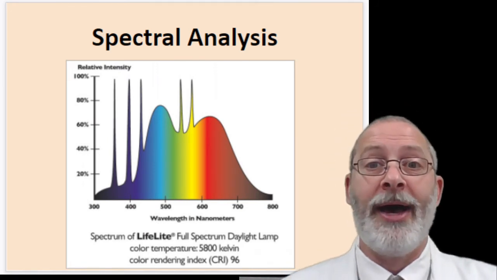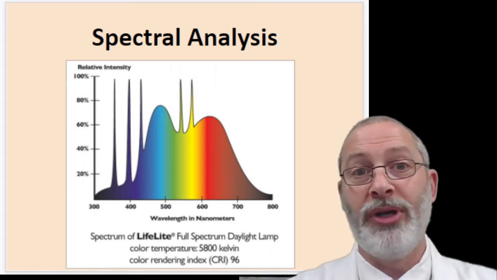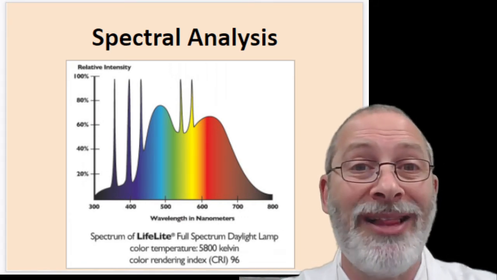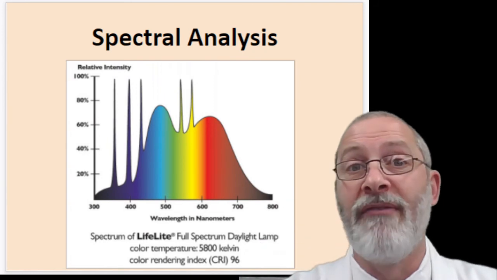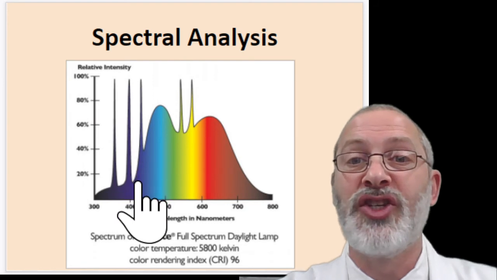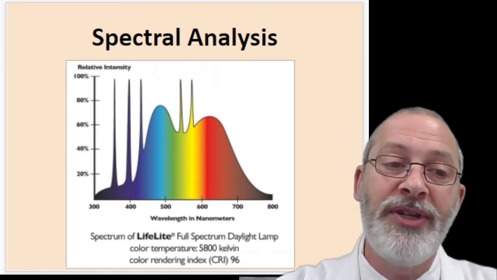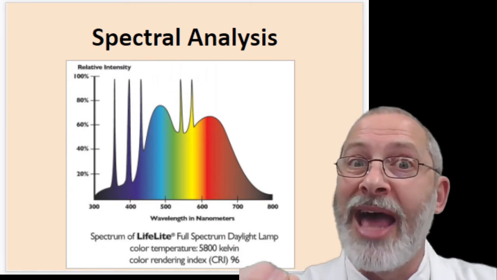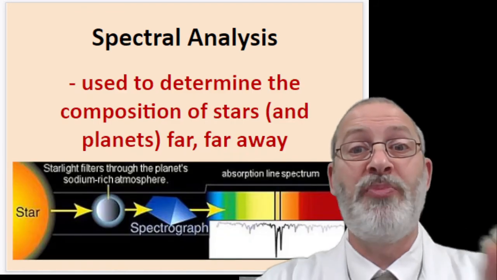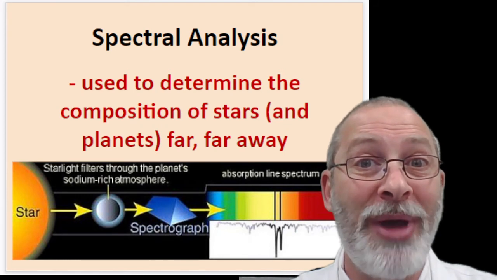There are devices where scientists, detectives can put unknown elements, particles of some kind, into a spectral analysis unit, and light will travel through it and produce a graph with spikes on it. And these spikes in certain wavelengths of light enable the device to determine exactly what elements make up a particular substance. So, spectral analysis, which is what our lab tomorrow is going to be all about.